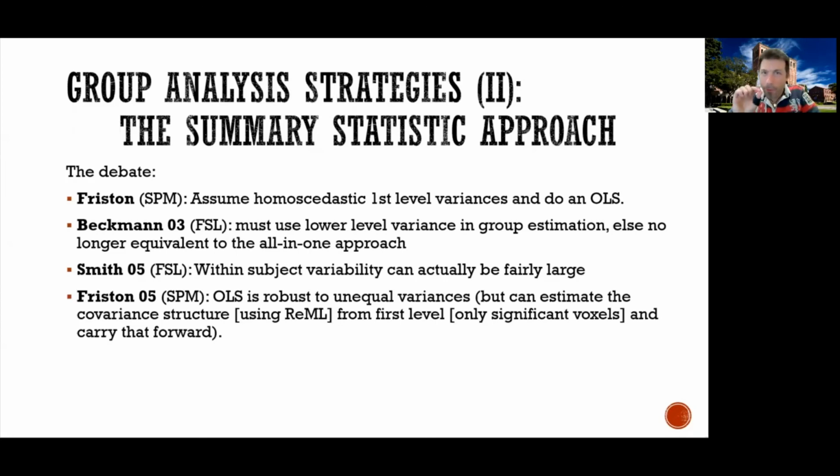Then for every voxel that is significant, so only for the subset of voxels that are significant compared to the random effects, we're going to go back to the first level. We're going to use a restricted maximum likelihood approach to actually estimate the within subject variance for those voxels at the first level. And then we're going to redo the group analysis only for the significant voxels with the mixed effects, so with both the between and the within.